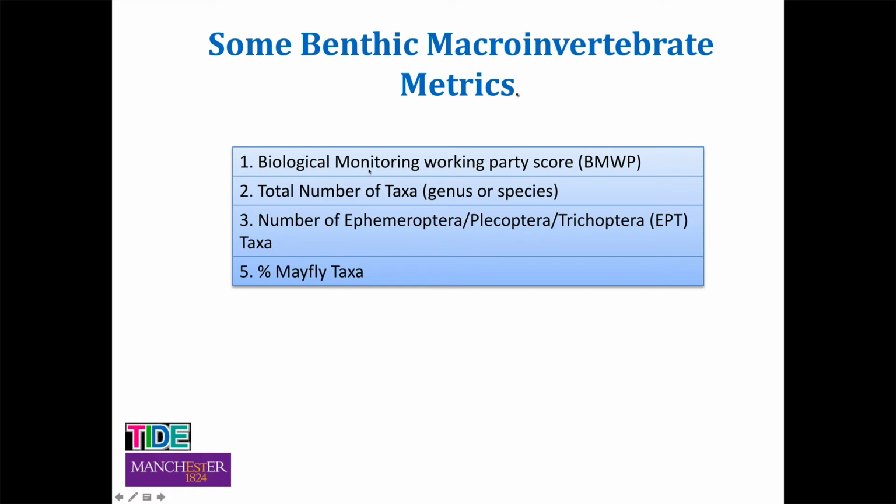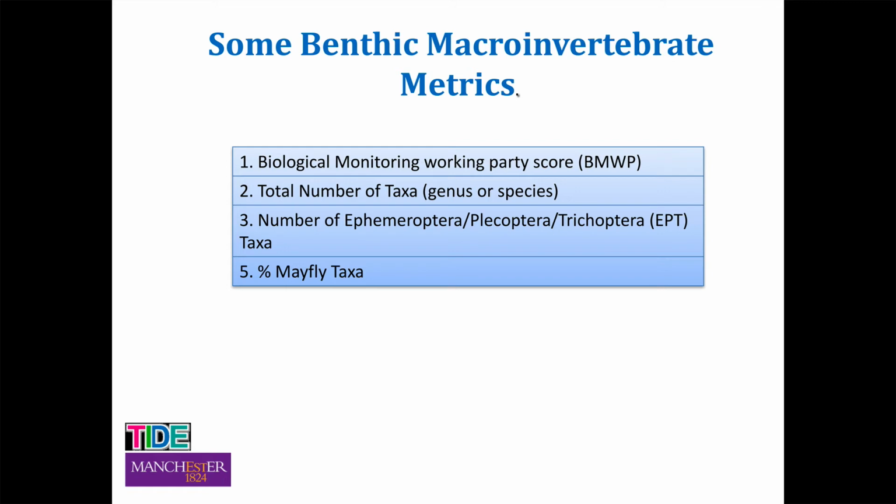We have the Biological Monitoring Working Party Score, in other words the BMWP, and this was developed in the UK and is used extensively in the UK and in fact around the world. And this system allocates different taxa a score according to how much pollution the organism can stand.